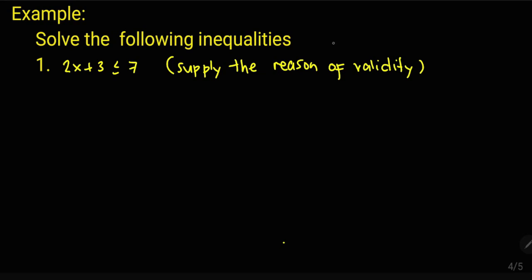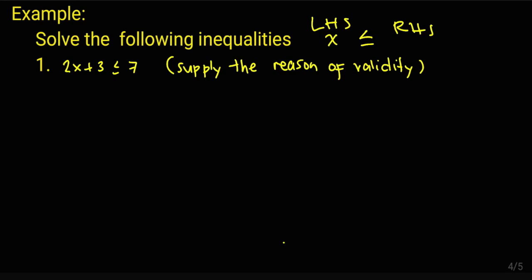Now, we want to have an expression involving only x on the left-hand side and less than or equal to whatever on the right-hand side. So our goal is to eliminate anything on the left-hand side except x.